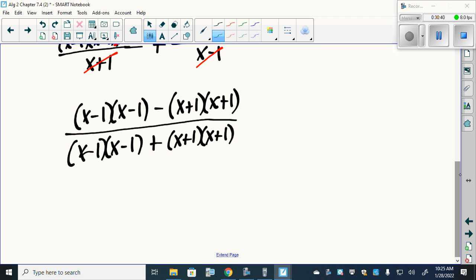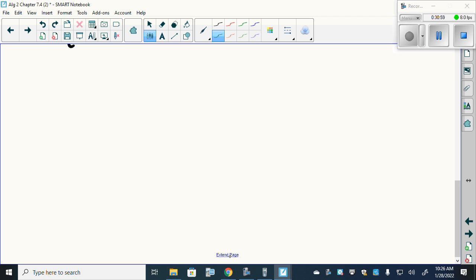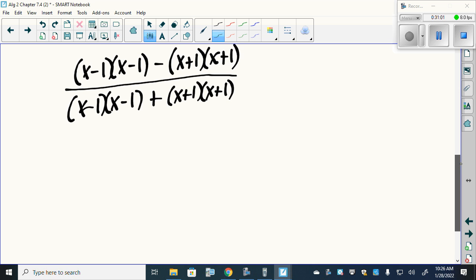If we did have them be alternating in the top, they had one of each, we could actually use factoring by grouping, factor one of them out, and then simplify that way. But here, we need to actually multiply them out.